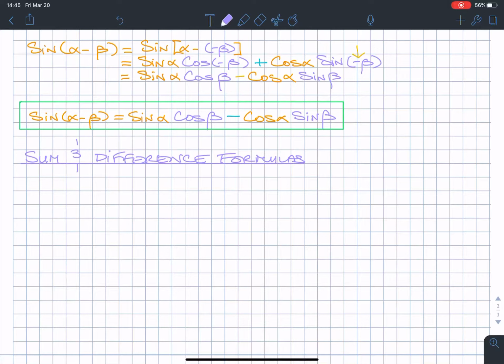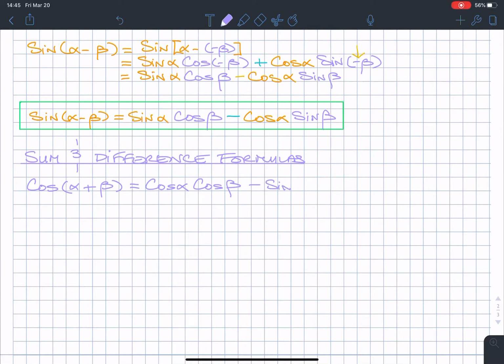Okay, so yeah, let's do cosine first. So we have cosine of alpha plus beta is going to be cosine alpha cosine beta minus sine alpha sine beta.